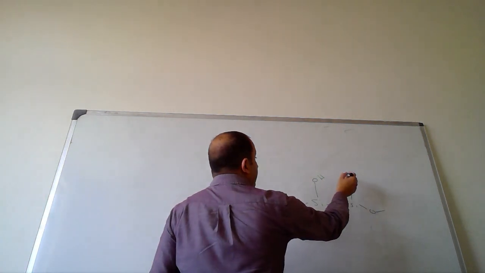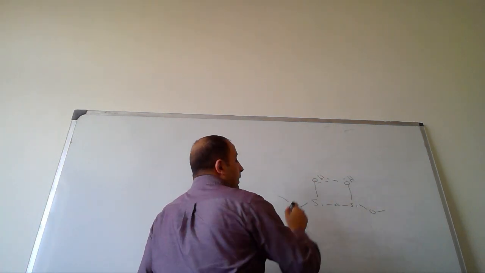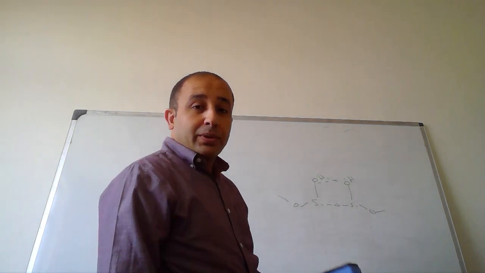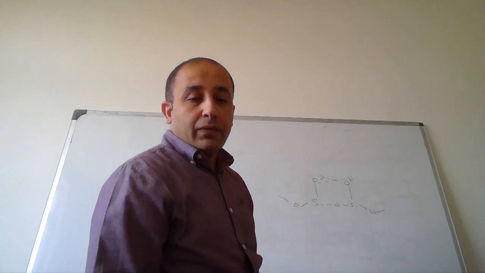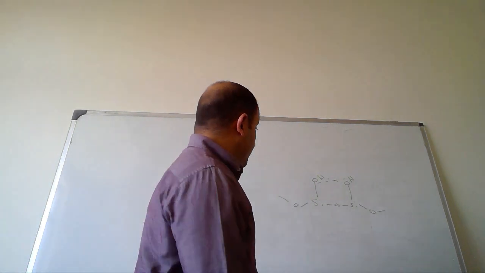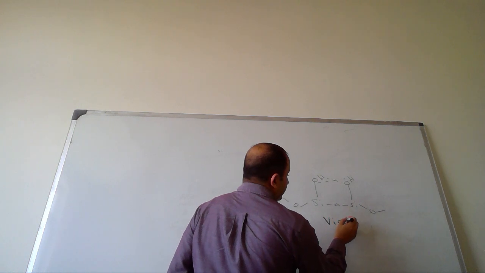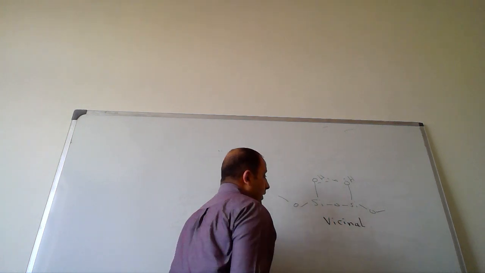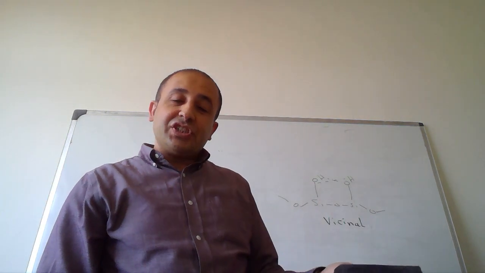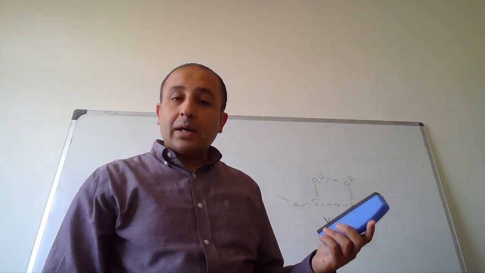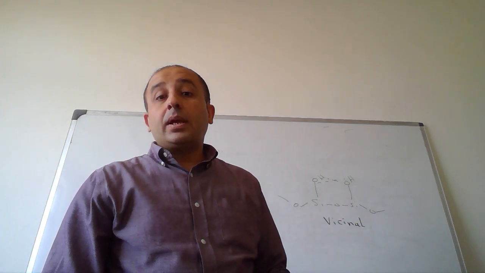Now again, these can form mutual hydrogen bonding, and this hydrogen bonding will reduce the reactivity of the overall groups. We call this kind of silanol vicinal silanol. So just to recap what we mentioned so far, vicinal and geminal silanols are not quite reactive, so we can deal with them without any sort of trouble.